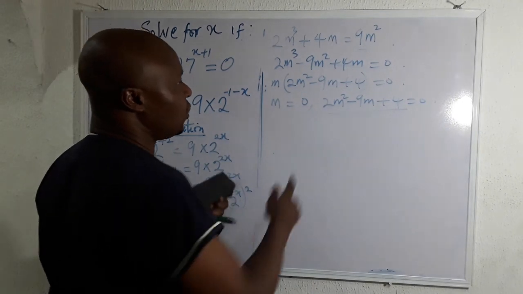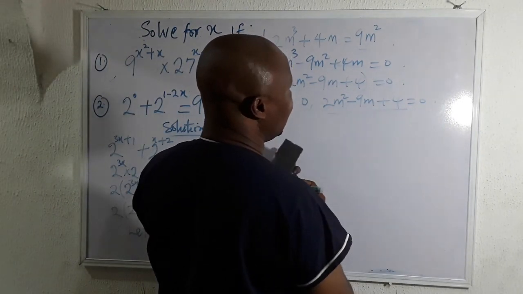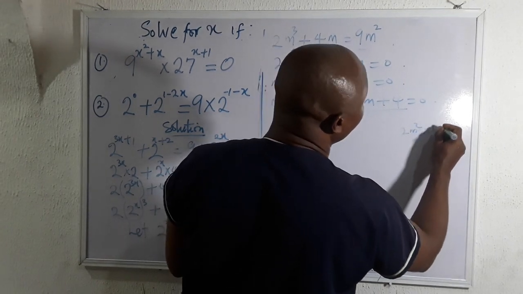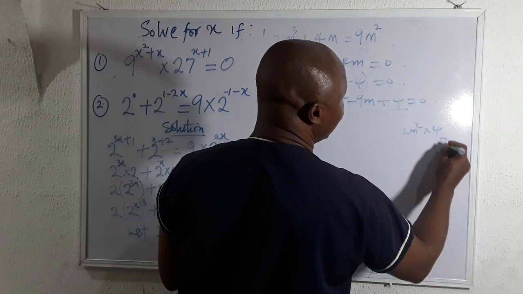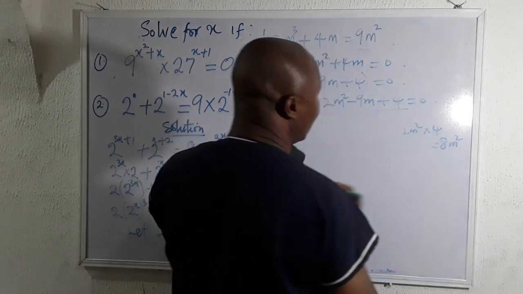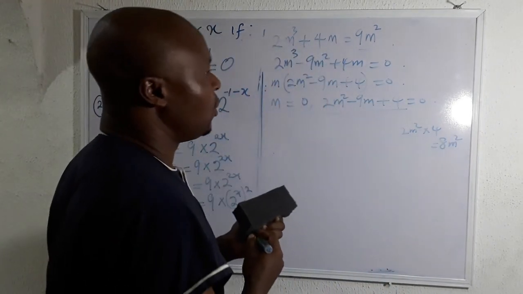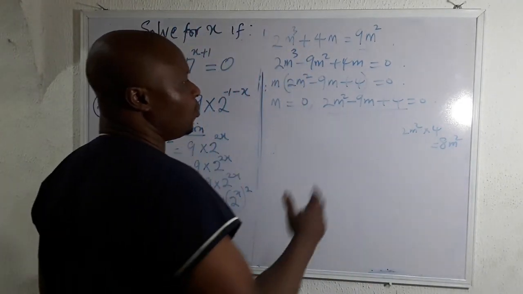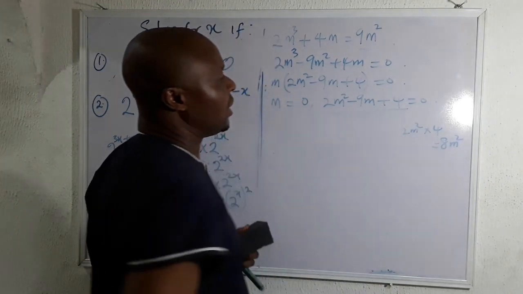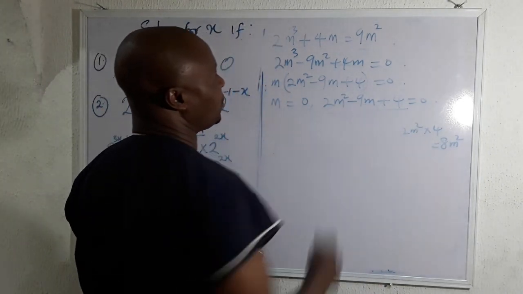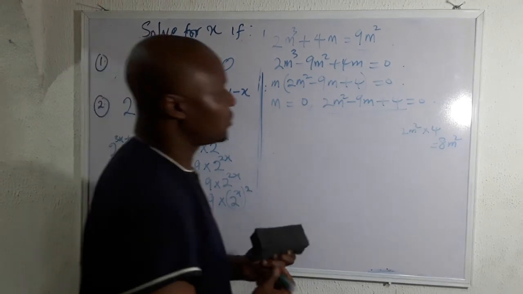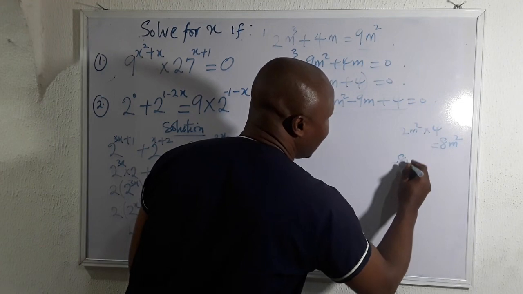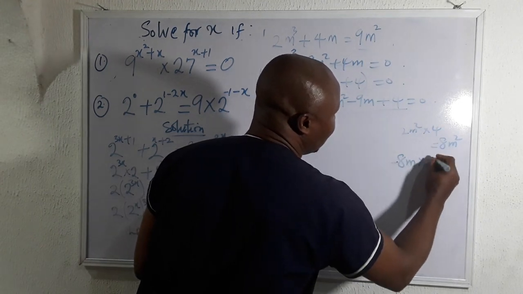And how do we do that? We use the first term to multiply the last term. That is 2m squared times 4, and that will give us 8m squared. So we look for two factors such that when we multiply them together we get 8m squared, and when we add them we get minus 9m. Obviously the factors will be minus 8m times minus m.